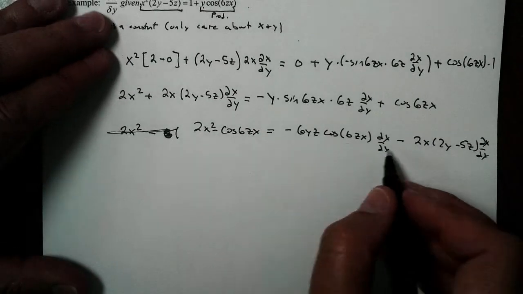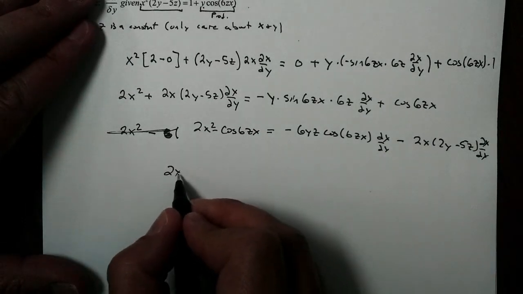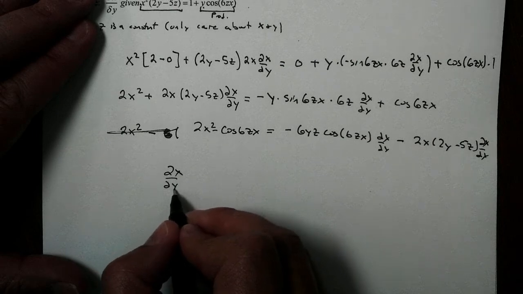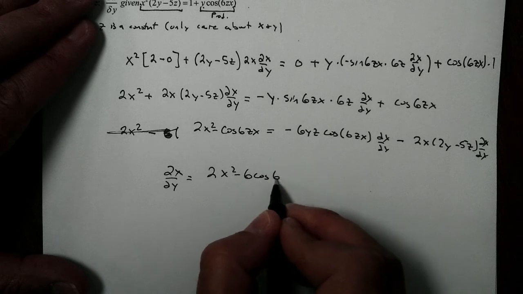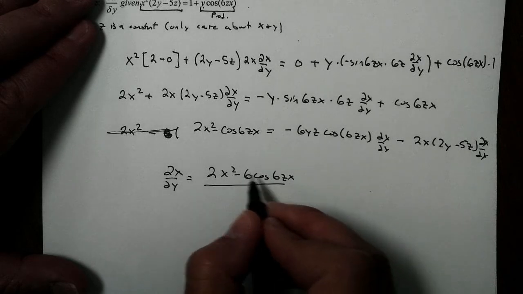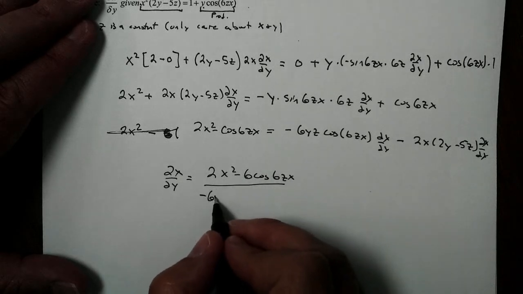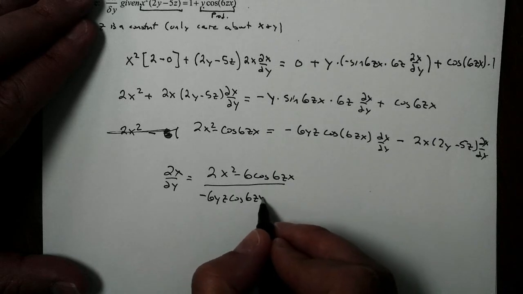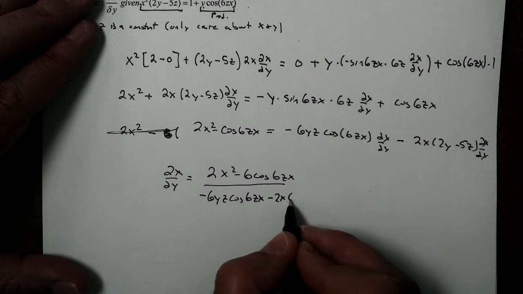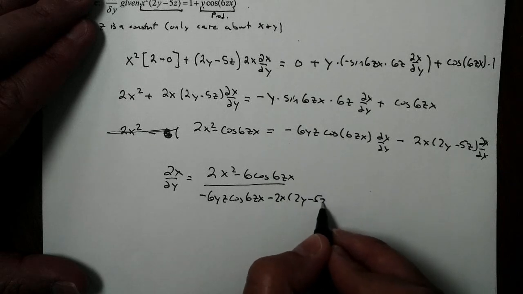And I can solve for partial of x with respect to y, and that's going to equal 2x squared minus 6 cosine 6zx over negative 6yz cosine 6zx minus 2x times 2y minus 5z.